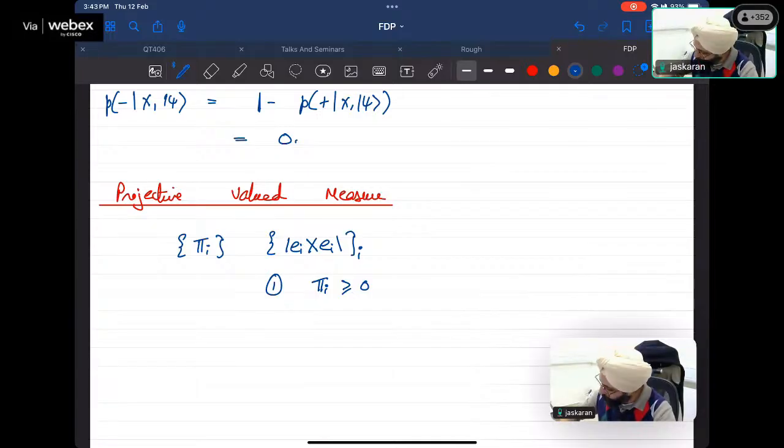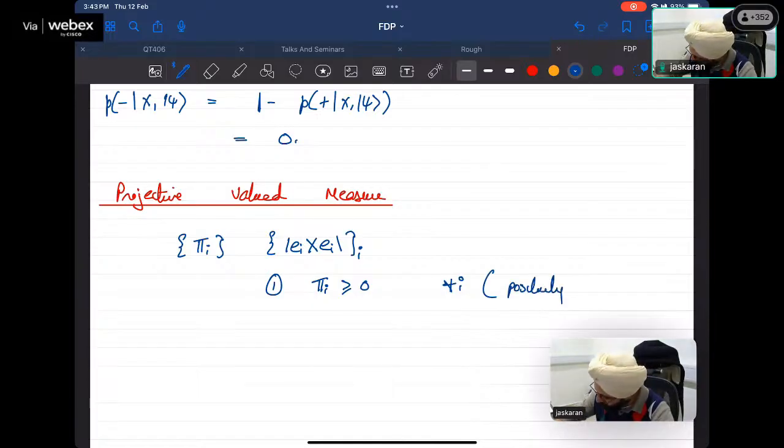This should be true for all outcomes, and this corresponds to positivity, in the sense that the probabilities I get for my outcomes are positive.